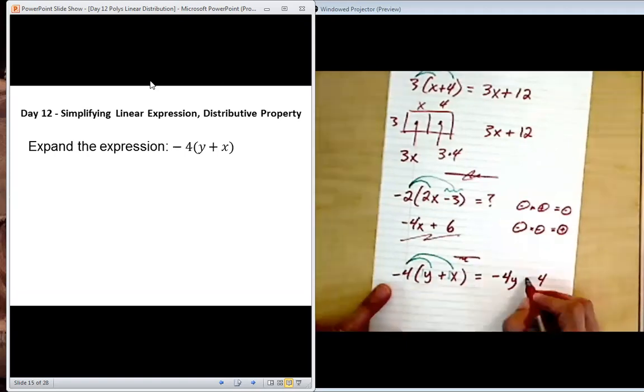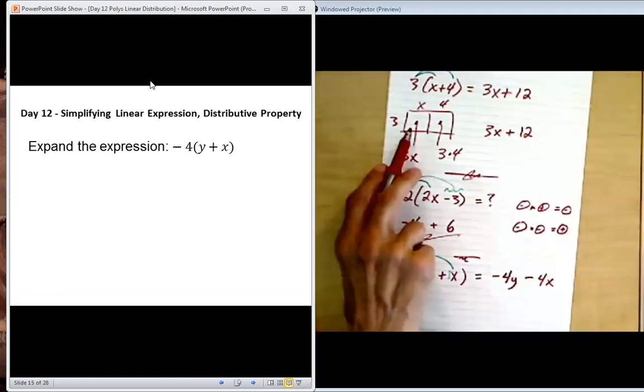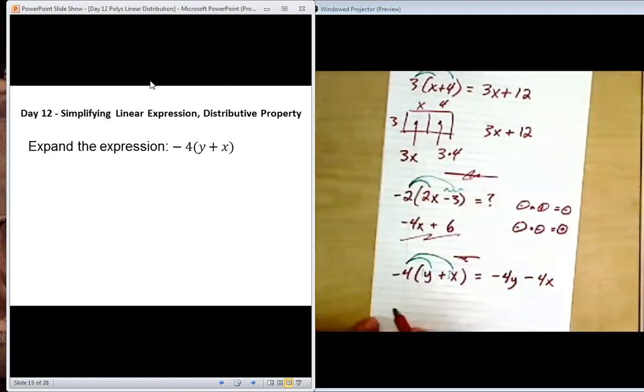So -4. Then X, that's right. And don't forget, we can do it like this. -4, that's a Y there, and it splits up. That's the X there, right?